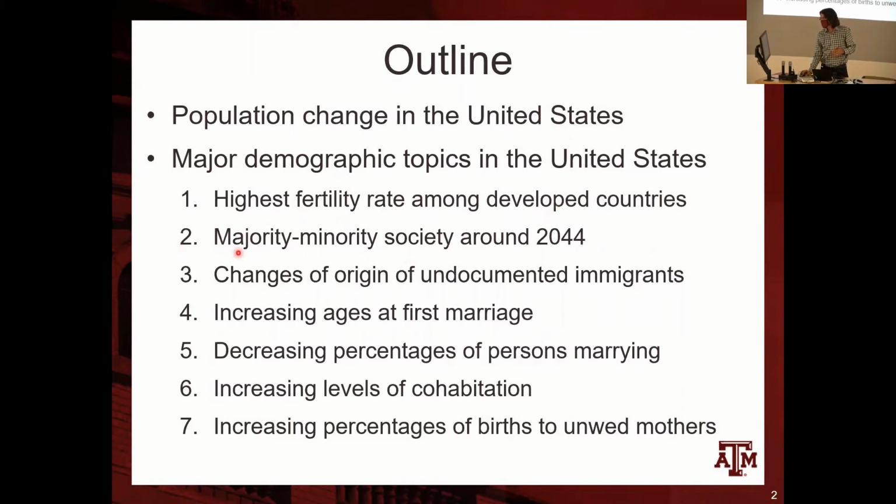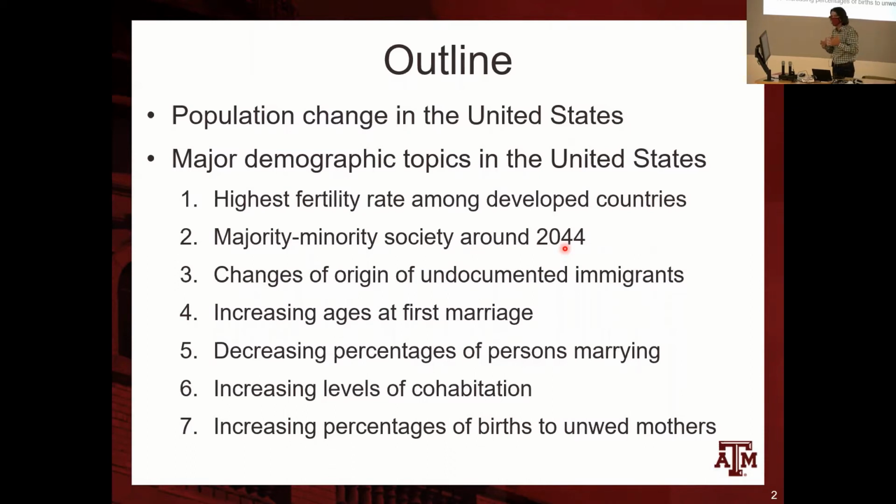The US is now passing through what some demographers call a process in which, if we put all minority groups together in the US, they will be more than 50% of the population by around 2044, compared to the non-Hispanic white population, okay?